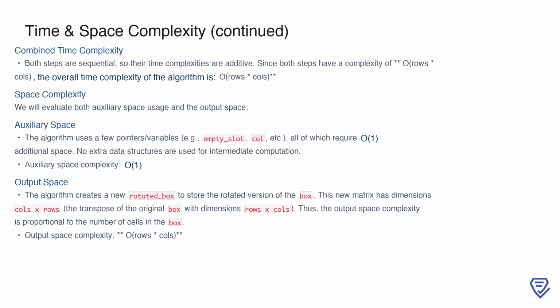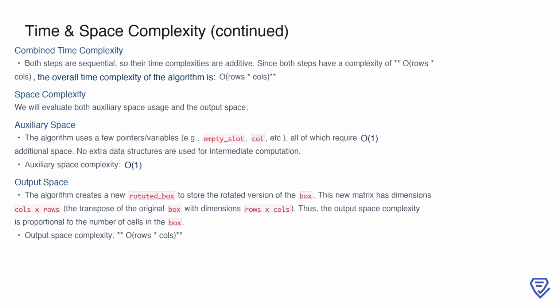However, for the output space, the algorithm creates a new rotated underscore box to store the result. This matrix has dimensions cols x rows, which matches the total number of cells in the original box. Therefore, the output space complexity is O(rows * cols). When we consider both auxiliary space and output space, the output space dominates, making the overall space complexity O(rows * cols).